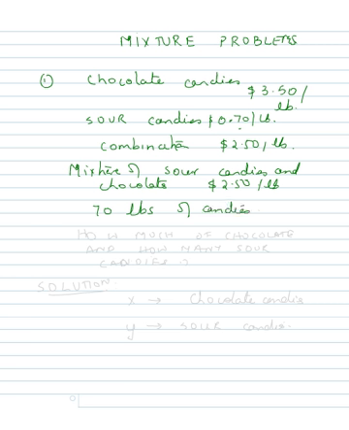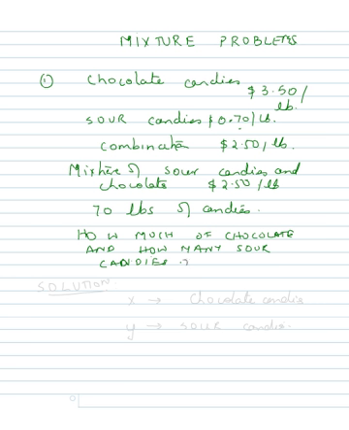So the question is, how much chocolate and how many sour candies should we put into the packet so that we get a happy balance and make a profit too? Okay, so this is our question.